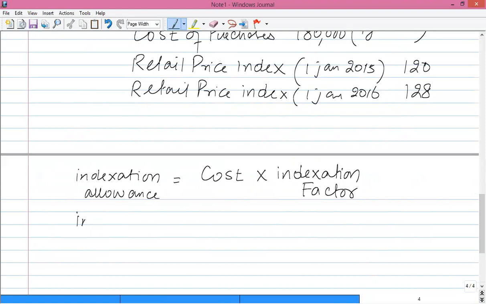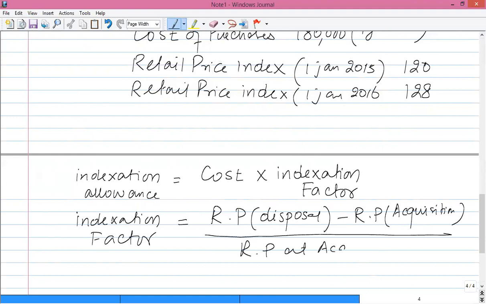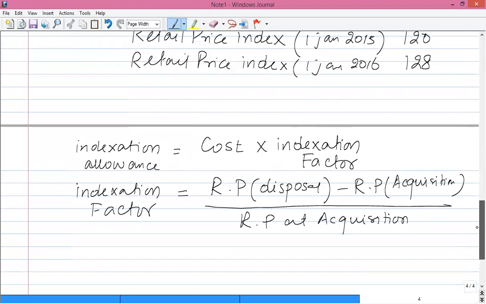And that indexation factor can be calculated through retail price index at disposal minus retail price index at acquisition, over retail price index at acquisition. This will provide you an indexation factor, and you can calculate the indexation allowance.